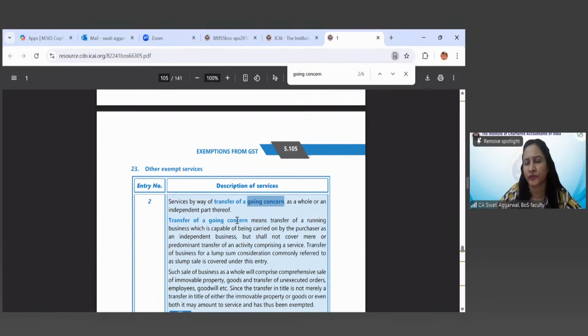Entry number 2 is applicable in this case. It specifically exempts services by transfer of a going concern as a whole or an independent part thereof. So that is why statement 2 is correct. No GST is payable in case of transfer of business as a going concern.